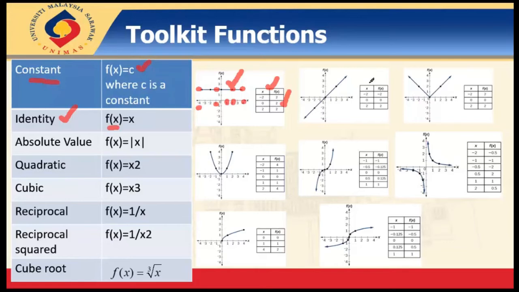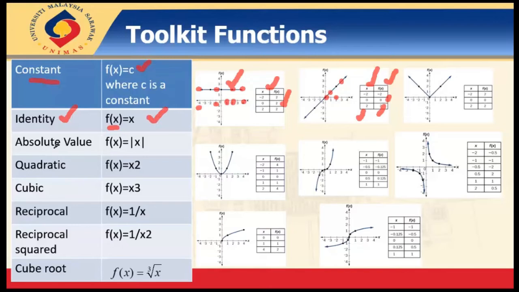Here, -2 is the same -2, 0 is the same 0, 2 is the same 2, 3 will be 3, 4 will be 4. A straight line going through the origin will be its graph, and this function is called the identity function.